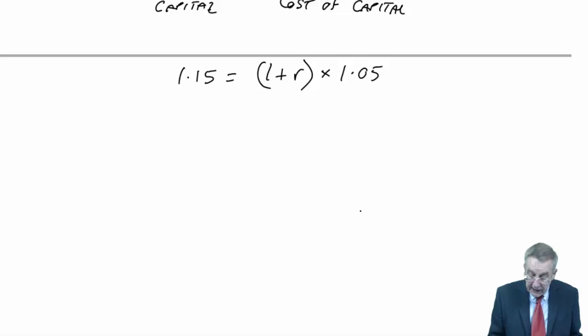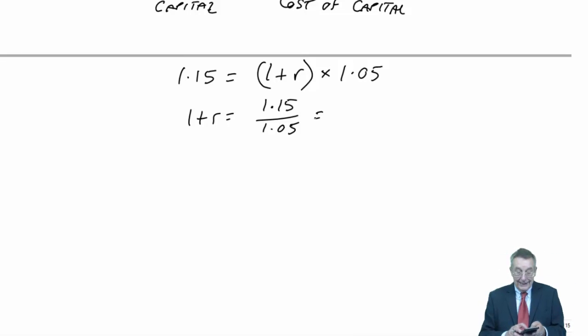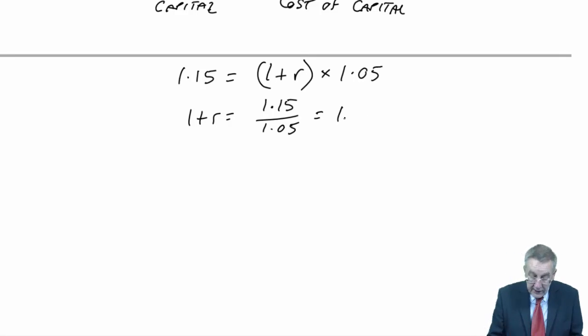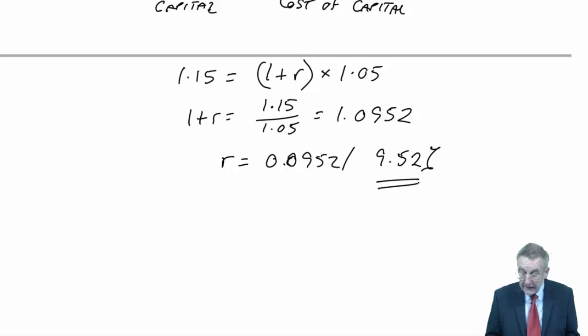And so, rearranging, 1 plus R equals 1.15 divided by 1.05 equals 1.0952, or R is 0.0952 or 9.52%.